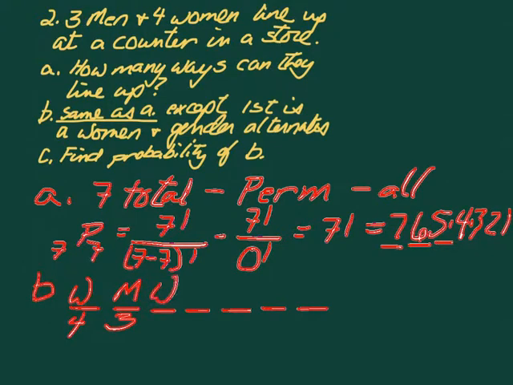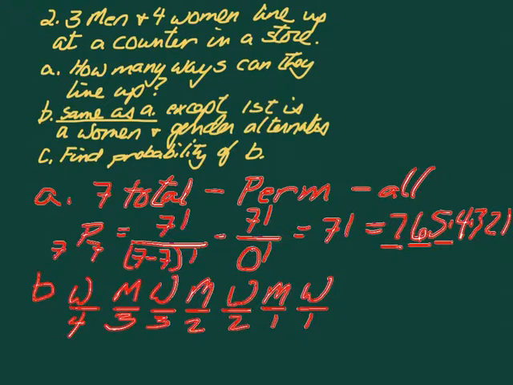A woman, because now I have to alternate gender. I have 3 choices left. A man, I have 2. Woman, I have 2. A man, 1 left. And then the last leftover woman. So if I multiply those together, that will give me the number of ways I can get the first is a woman and the gender alternates.